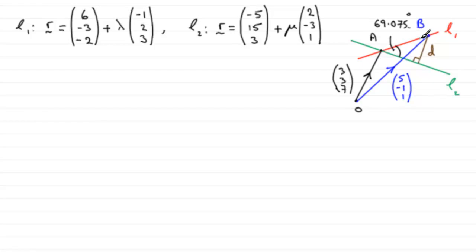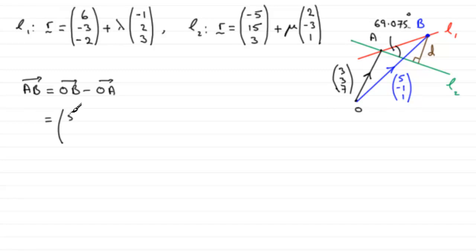if only I knew the length AB. Well, I can work out the distance AB purely by looking at the magnitude of the vector AB, or BA, it makes no difference. So let's suppose we were trying to work out the vector A to B. If we're going from A to B, we should know that that is the same as O to B minus O to A. And so we just need to subtract our vectors.